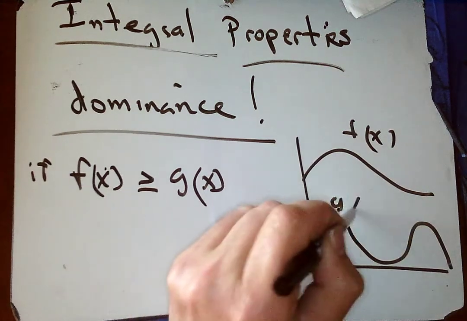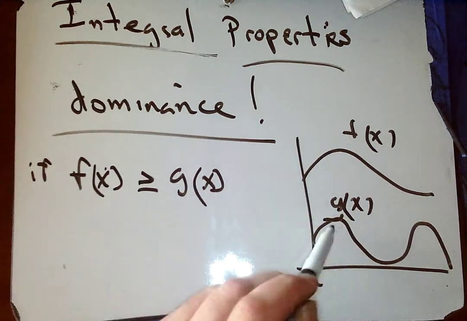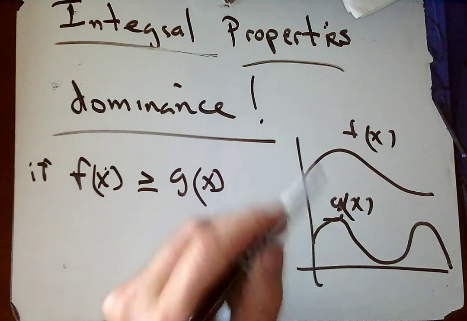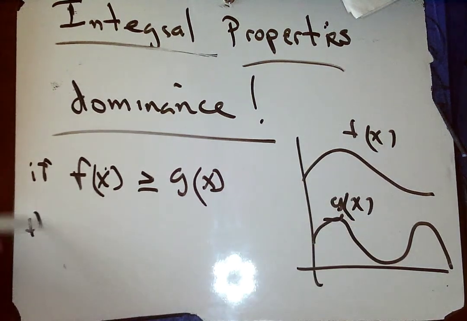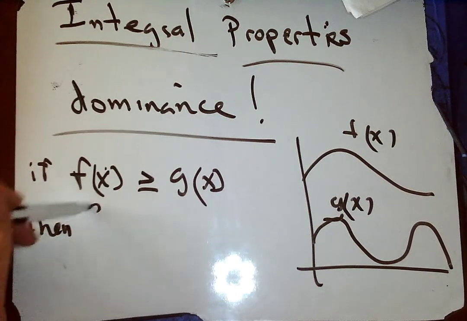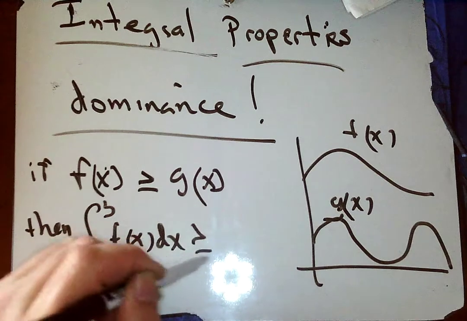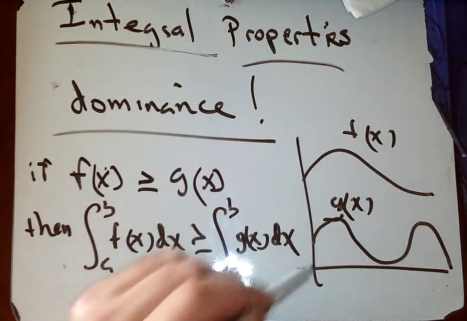There's g of x. F of x is always above g of x. They could touch, could be equal to, but right now we're saying f of x is bigger than g of x. So then, here's dominance: the integral from a to b of f of x dx is going to be greater than or equal to the integral from a to b of g of x dx.